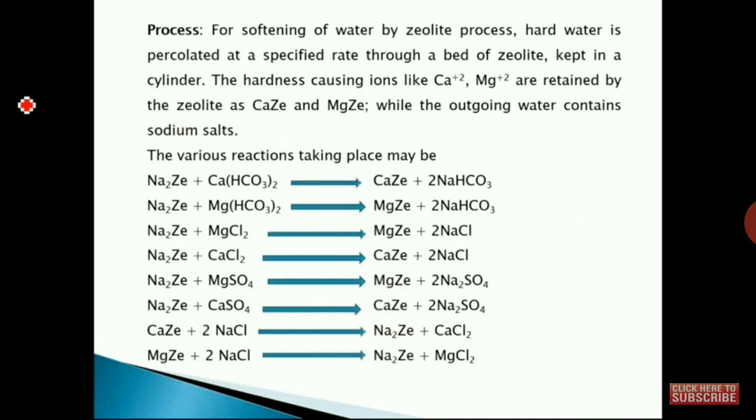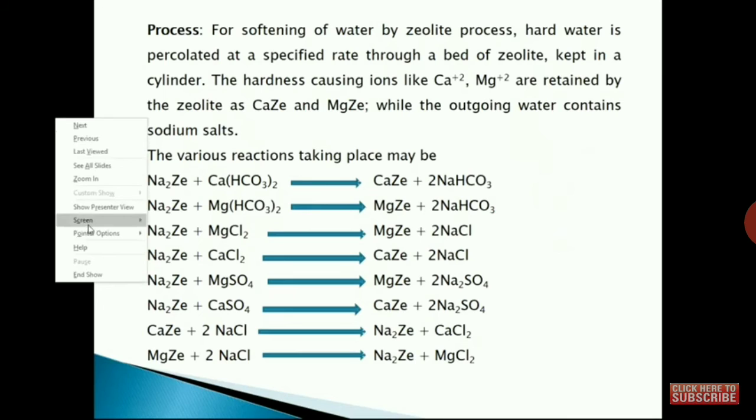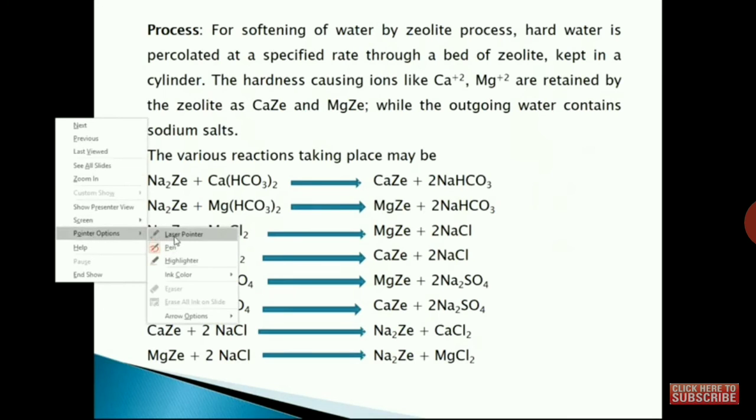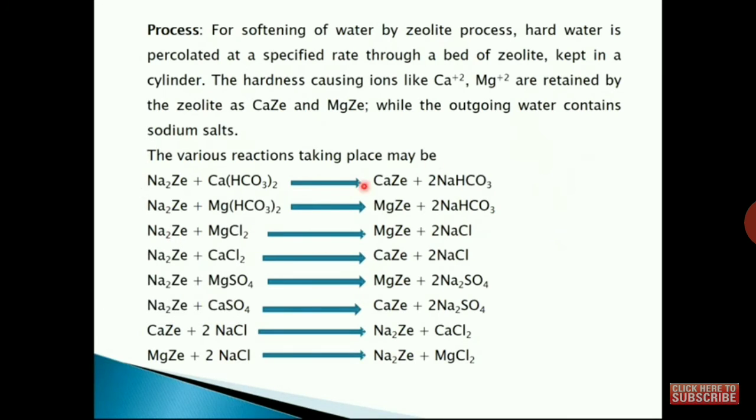And whenever you are doing chemistry, you have to deal with the reactions also. So these are the reactions. First, 3 and 3, 6 reactions: 1, 2, 3, 4, 5, 6. So the first 6 reactions are for your softening method.